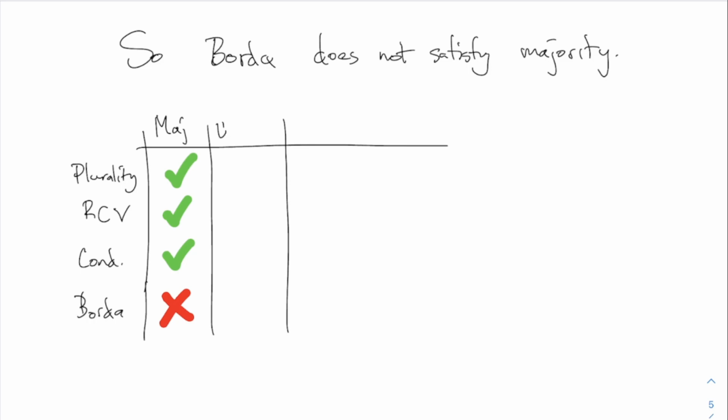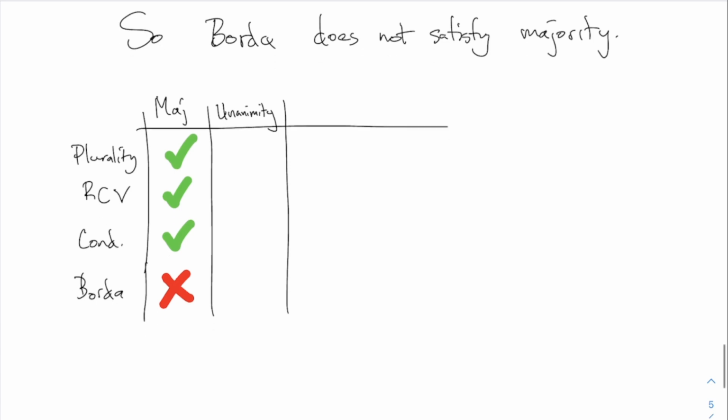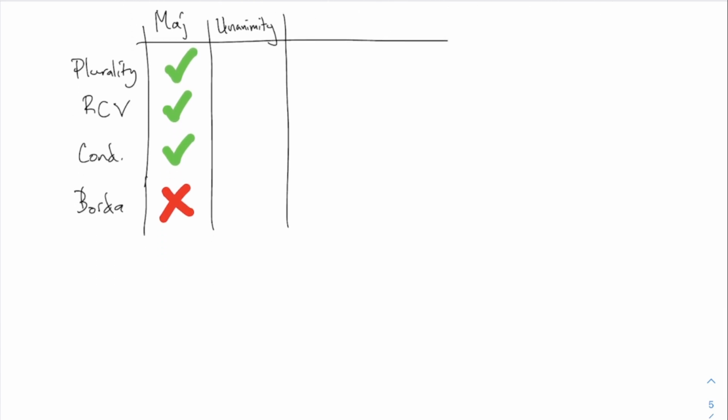This is called unanimity. This is like majority, only it's about when the voters are actually unanimous about their opinion. If the voters are actually unanimous, then the result of the election should follow what all the voters said. That's the idea behind the unanimity criterion.